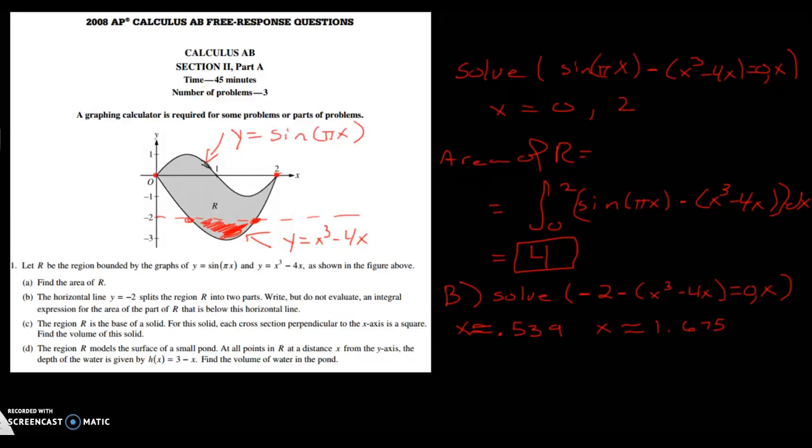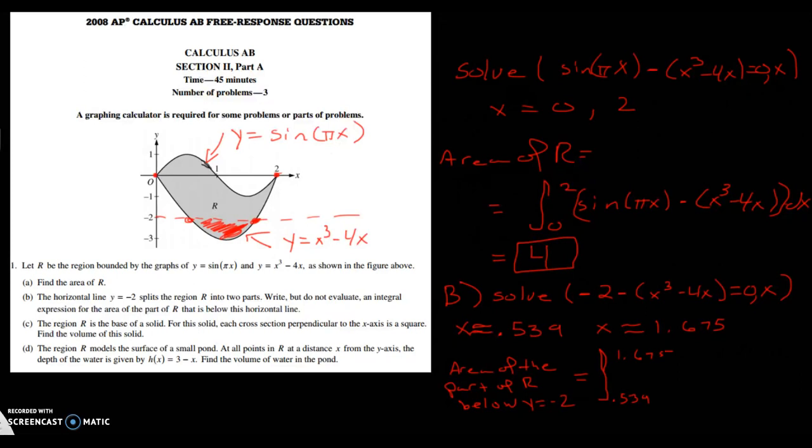Now when we want to find the area of this, we would say the area of the part of R below y equals negative 2 is equal to, you would now use your new boundaries, 0.539 to 1.675.